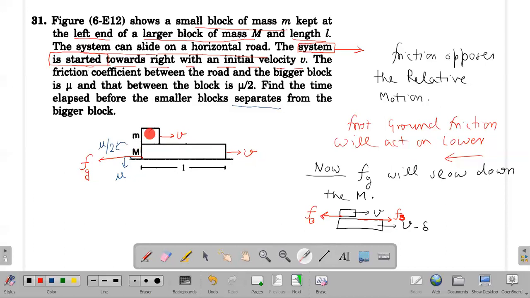Relatively, the upper block will move forward, and then to oppose that relative velocity, the friction between the two blocks will also appear, which will oppose the motion of the upper block by acting in the left side direction. According to Newton's third law, the friction between the blocks will also act on the lower block in the forward direction. So this is the reasoning part of this question. Now we are going to form some equations and solve this question.